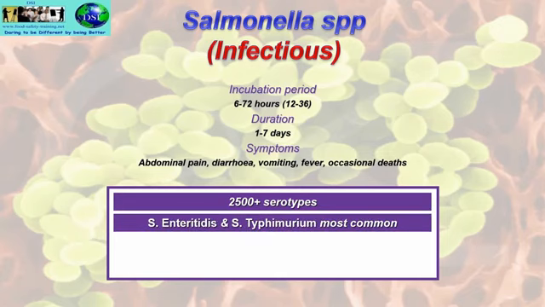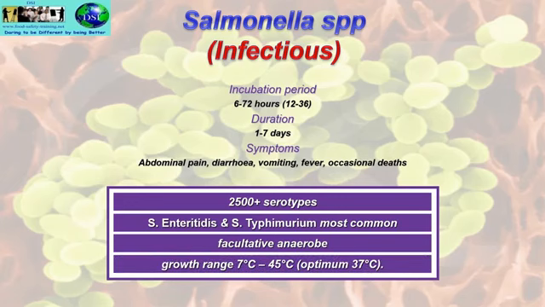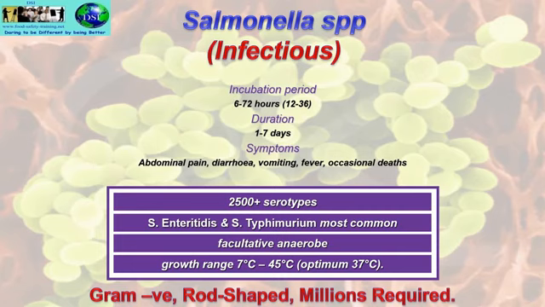Salmonella enteritidis and Salmonella typhimurium are the most common. It's a facultative anaerobe, so it can live with or without oxygen. And the growth range is 7 to 45 degrees C, but the optimum temperature is human body temperature, 37 degrees C. It's gram-negative, it's rod-shaped, and millions are required.